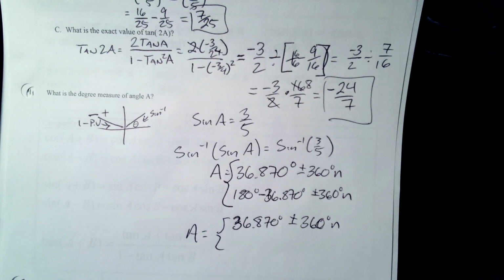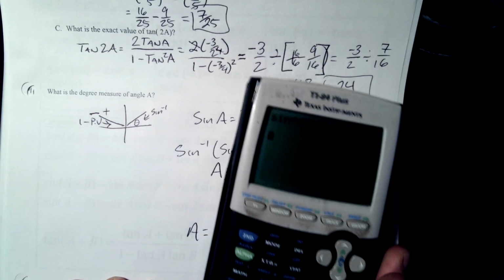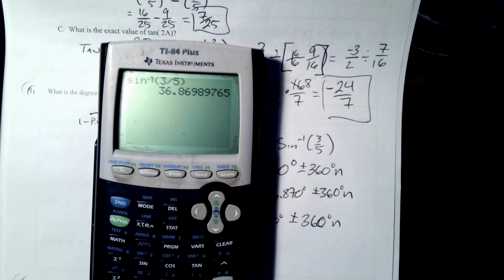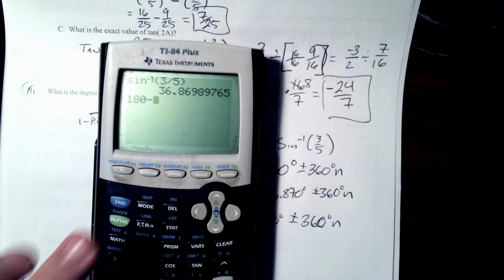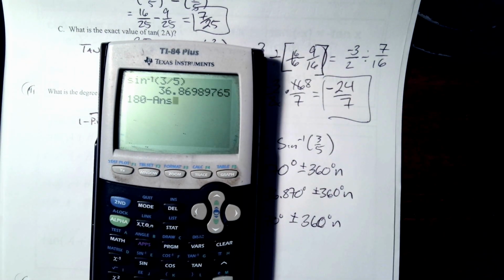So if we check 180 minus 36.87, remember to use your stored values in the calculator. 180 minus our previous answer, that is second and the negative button. This is not precise. This is already a rounded decimal. It's just rounded farther than we're going to use.